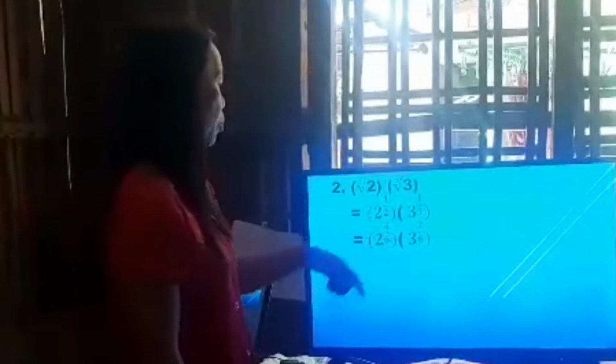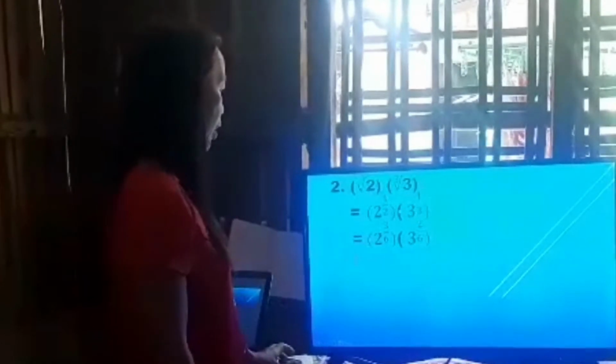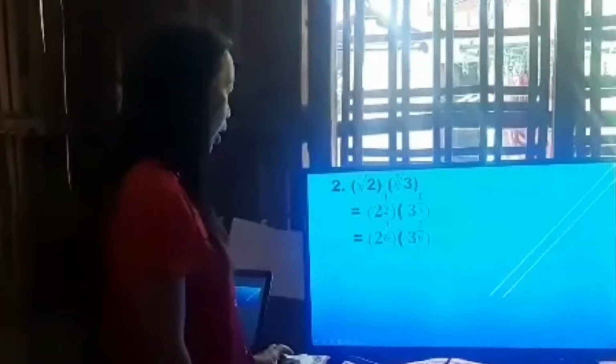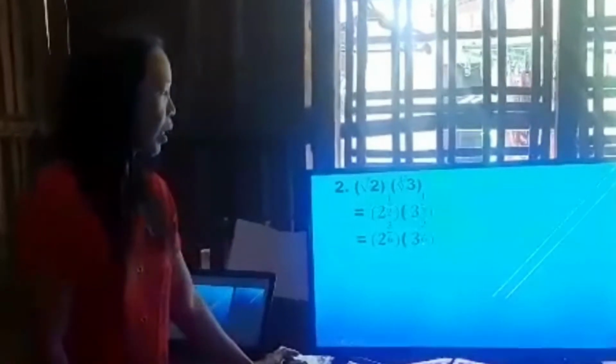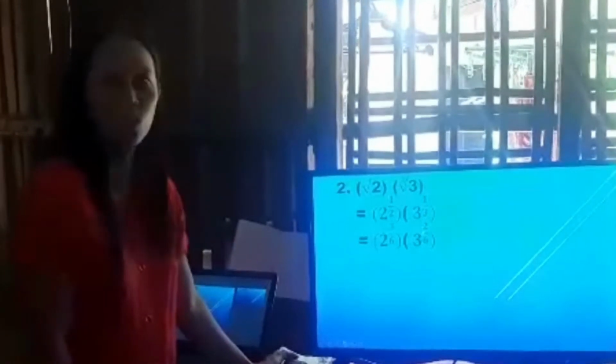6 divided by 2 is equal to 3, and 6 divided by 3 is equal to 2.